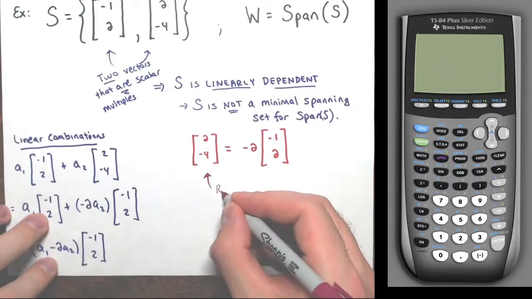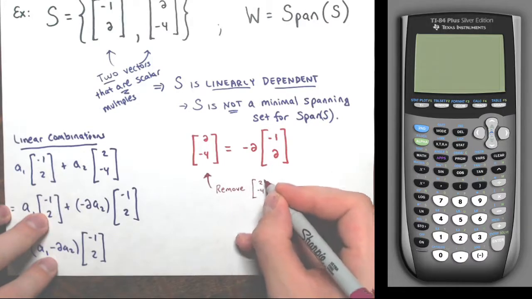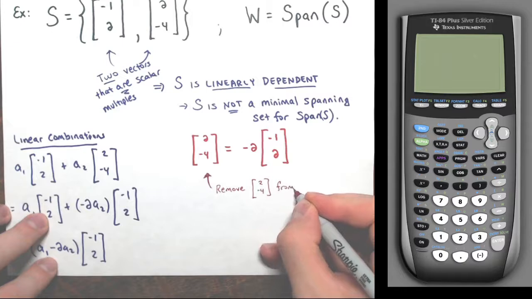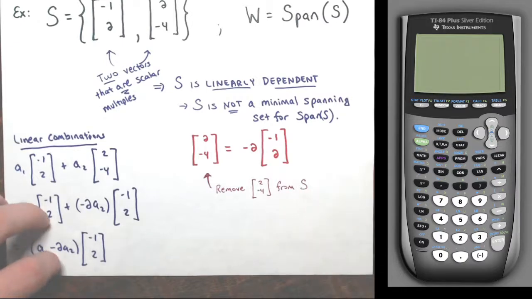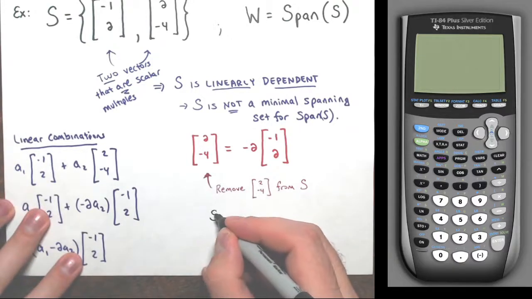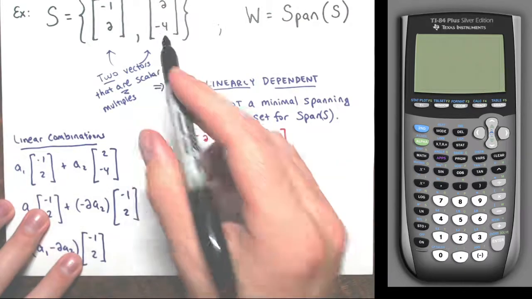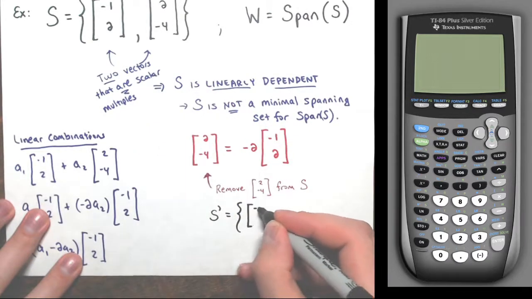So I'm going to remove the vector 2, -4 from S. That makes this new set, which I called S prime on the page with the procedure. If I remove 2, -4, I get just the set with -1, 2.